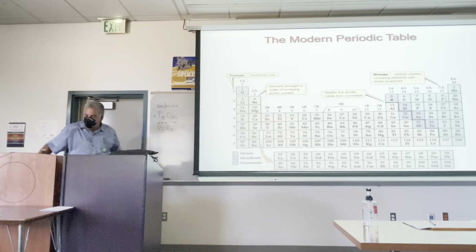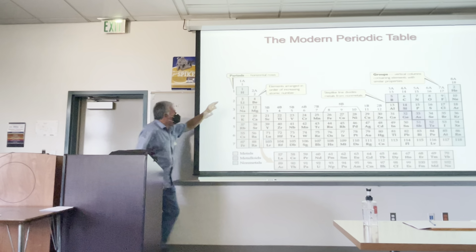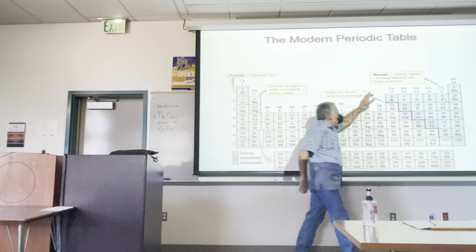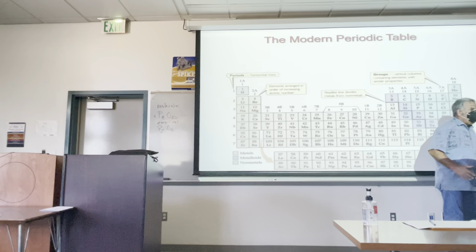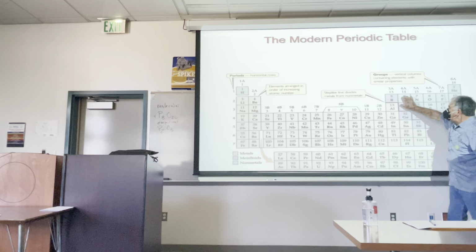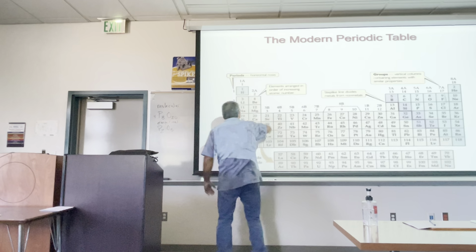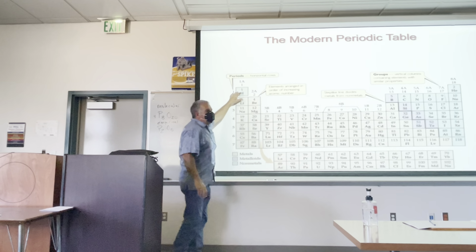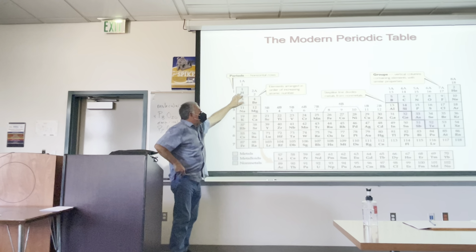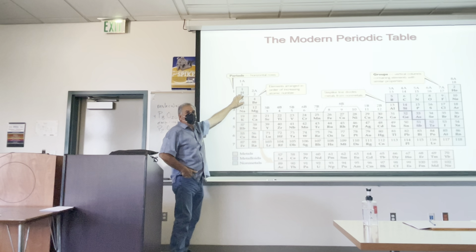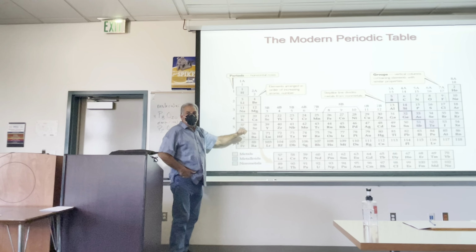So periods, that's the horizontal rows, right? So repeating, filling a shell is the period. So we have some shells. The first shell we want to know about is the S shell, and it only holds 2 electrons. So these are based on the number of electrons, even though they're listed by the number of protons, right?